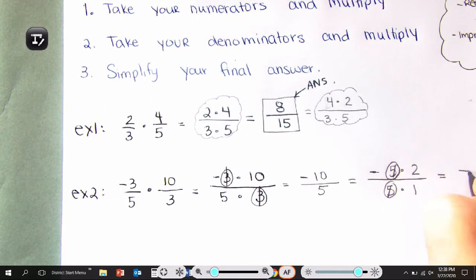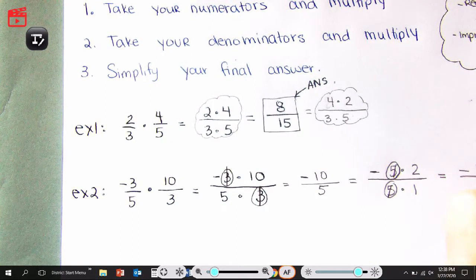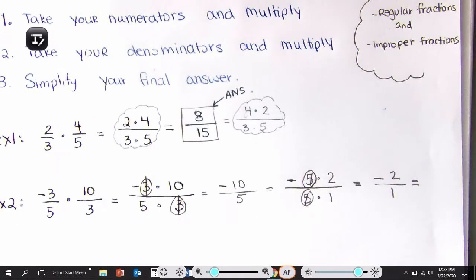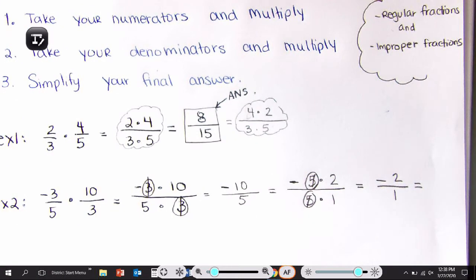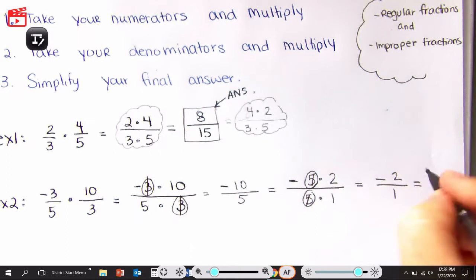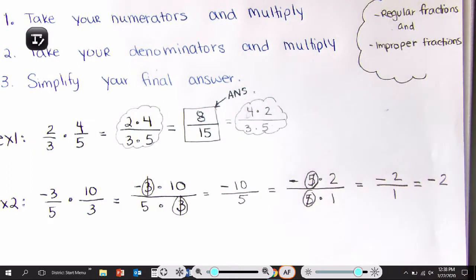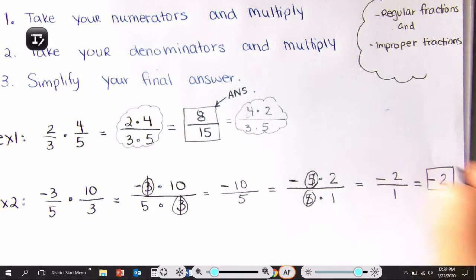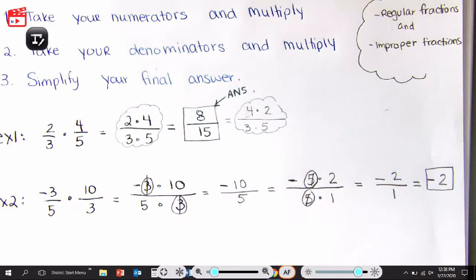I'm left over with a negative, a 2, and a 1 in my denominator. Now, anytime you have a 1 in your denominator, we want to undo that by just ignoring it. A 1 in the denominator doesn't really matter. If you want to keep it as a fraction, you would leave it. But since we're going into Integrated Math 1, we want to simplify that to a negative 2.